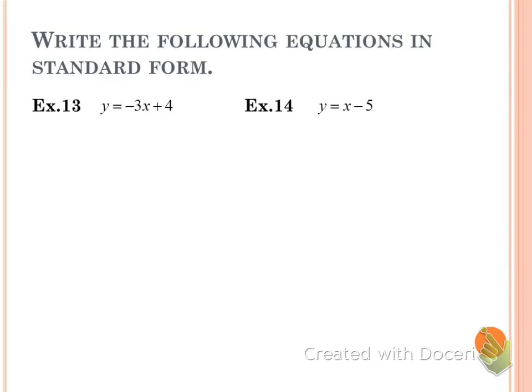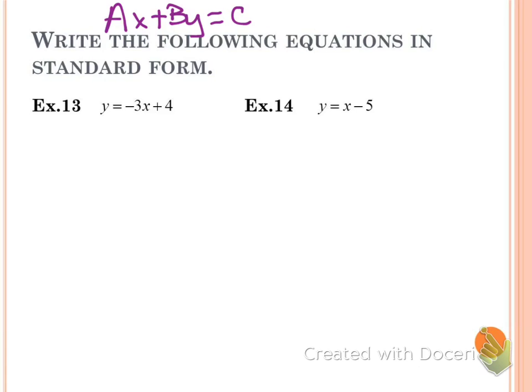So from the last slide, we know that standard form is ax plus by equals c. So we need x and y to both be on the left. So in order to do that, what am I going to have to do to this equation? Not necessarily.